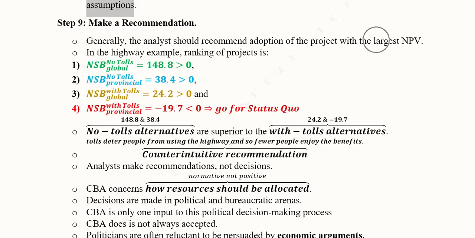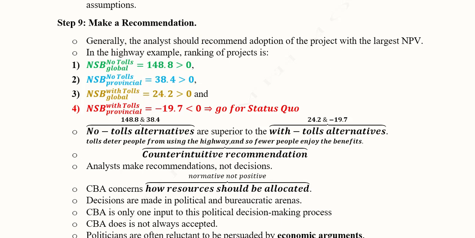Generally, what we do is we choose the project with the largest NPV, and in this case we had 4 NPVs in that table. The NSB of the no tolls from the global perspective had the highest NPV.